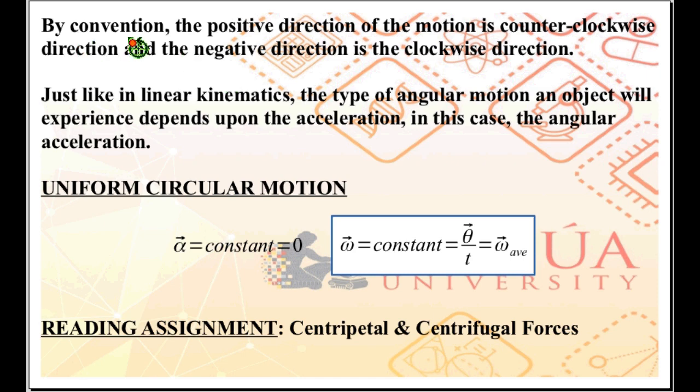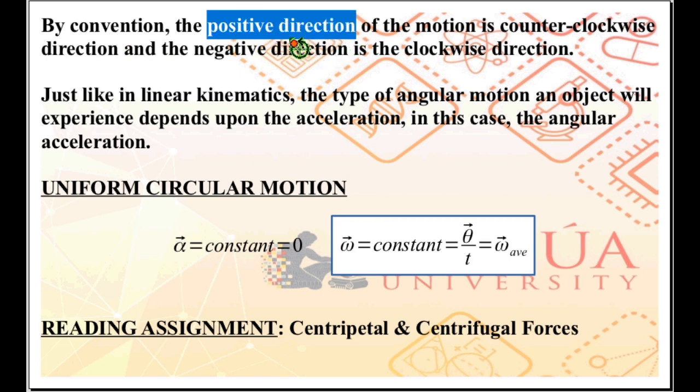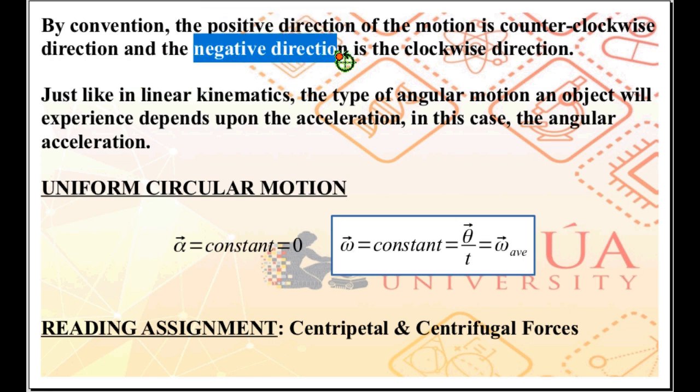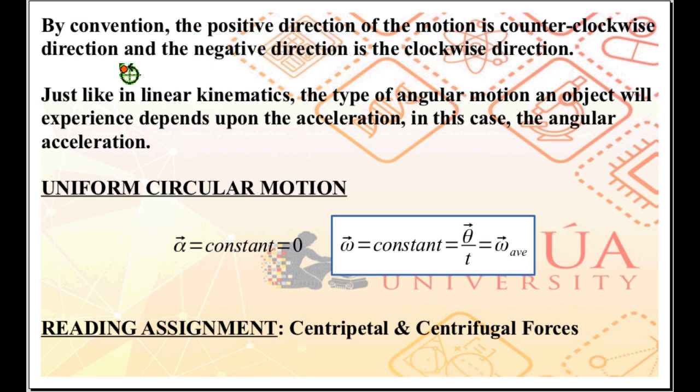By convention, the positive direction of the motion is the counter-clockwise direction, whereas the negative direction is the clockwise direction. So again, positive direction of the motion is counter-clockwise direction, and the negative direction is the clockwise direction.